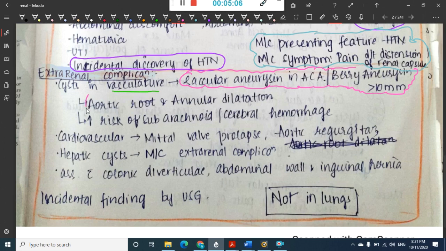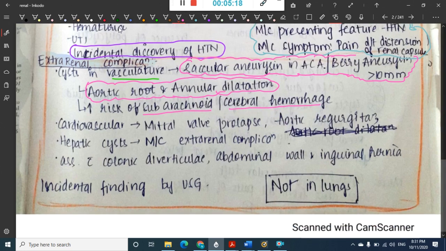There can be aortic root dilatation, and annular dilatation can also be there. Whenever there is increased aneurysm, there is increased risk of subarachnoid or cerebral hemorrhage. So that is in the vasculature.